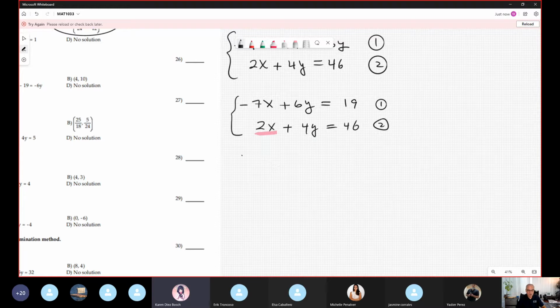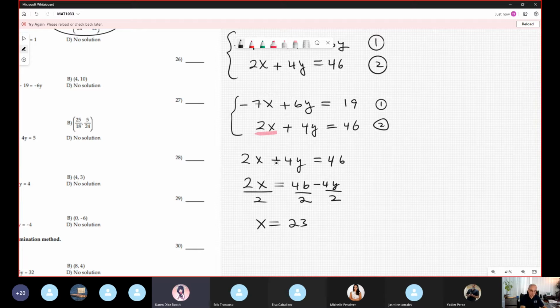So now I take 2x plus 4y equals 46. Now 2x equals 46 minus 4y, divided by 2, divided by 2, and divided by 2. And x alone is 23 minus 2y, since 46 divided by 2 is 23.